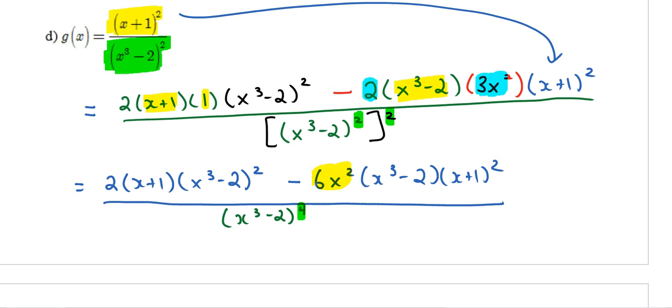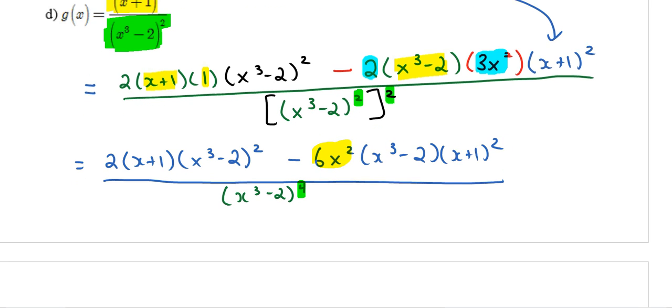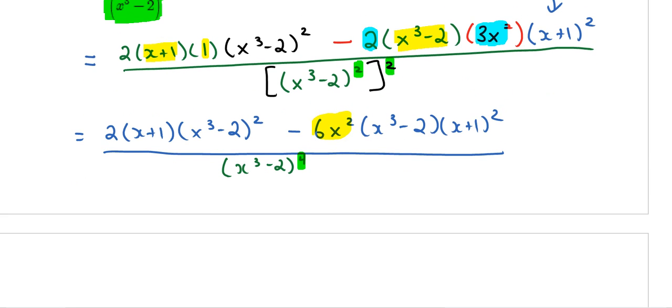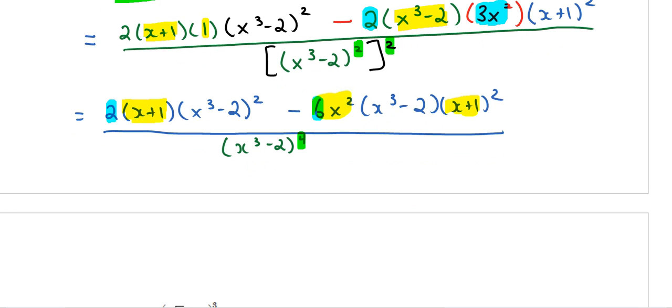Other than that, the only thing that I can see from the numerator is you can go ahead and factor out this x plus 1, because you have an x plus 1 here and an x plus 1 over there. And you could also go ahead and maybe factor out the 2 there. Okay, so I can definitely factor out this 2 here, and if I look at that 6 here, I can probably do something there as well. So let's go ahead and just factor out a 2 and the x plus 1.